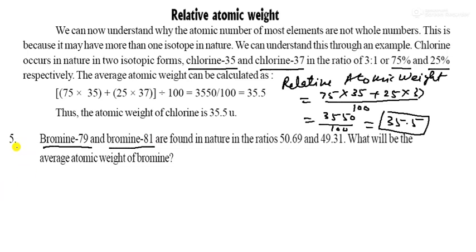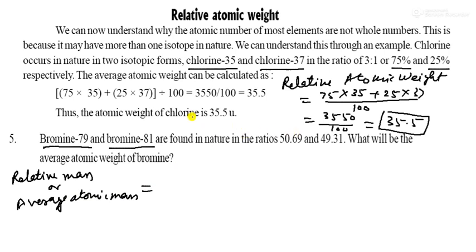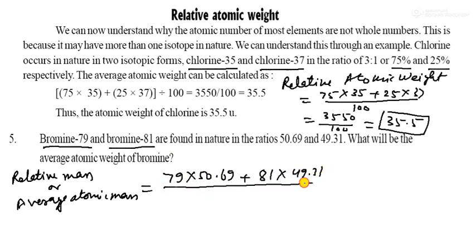So the relative mass, it is question number 5, or you can say the average atomic mass, is equal to exactly the same as the question above: 79 times its percentage, which is 50.69, plus 81 times 49.31, divided by the sum, which is 100.